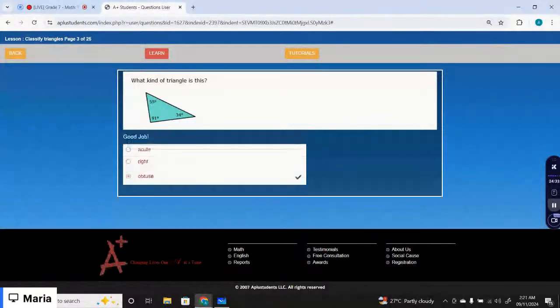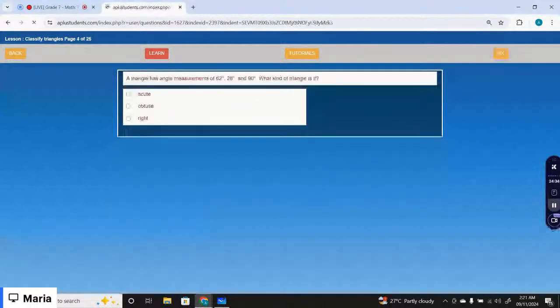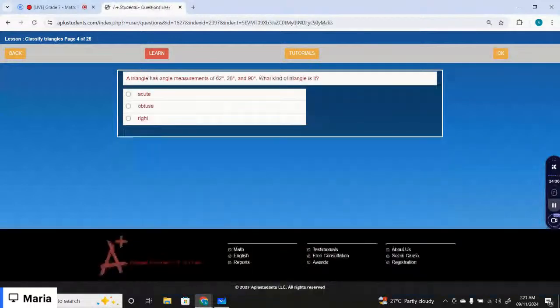The correct option is obtuse. A triangle has angle measurements of 62 degrees, 28 degrees, and 90 degrees.